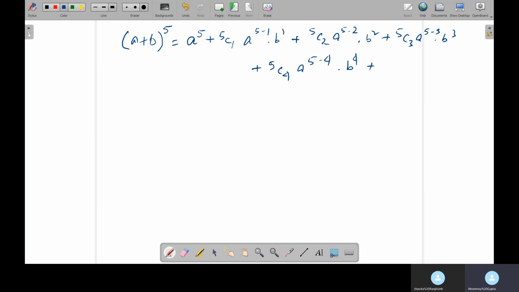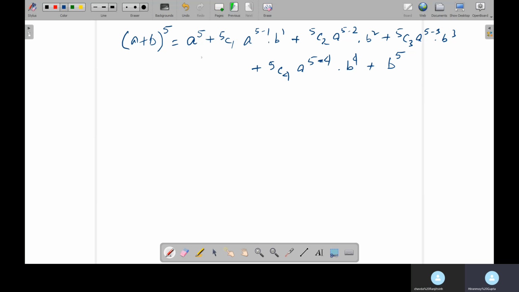Now next one is 5C5, and then b to the power 5, because this is the highest power. A to the power 5, b to the power 5 will be there. Now 5 minus 4 itself is giving 1, so we don't have to process the next one.